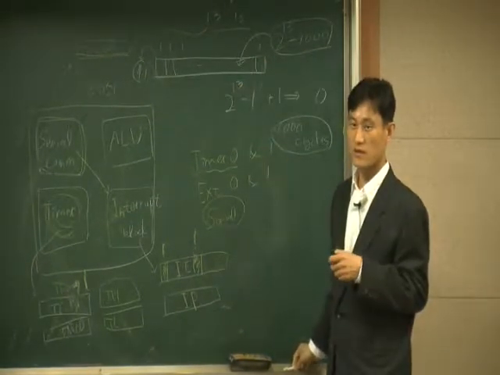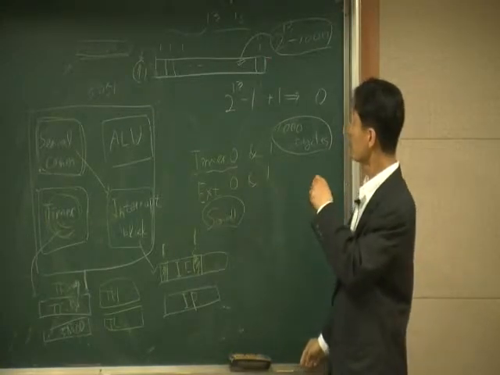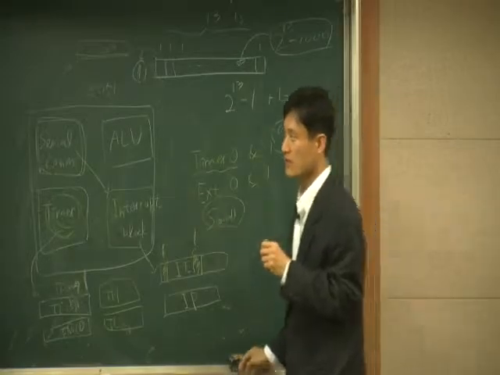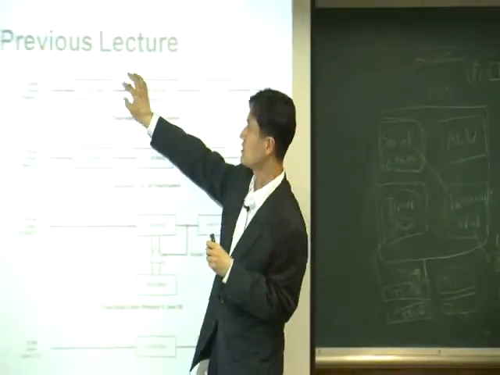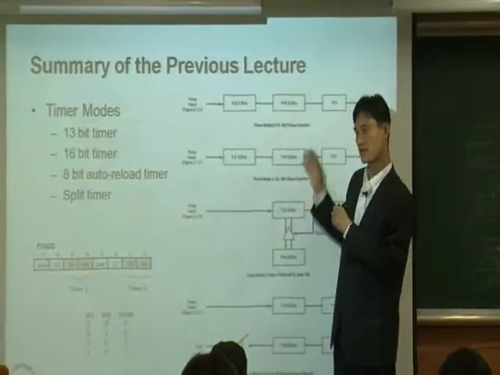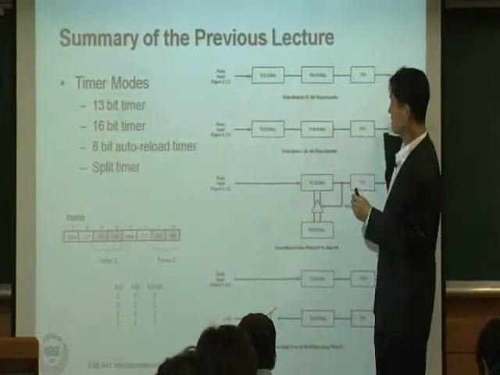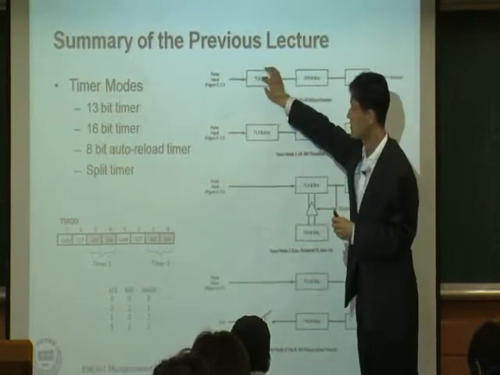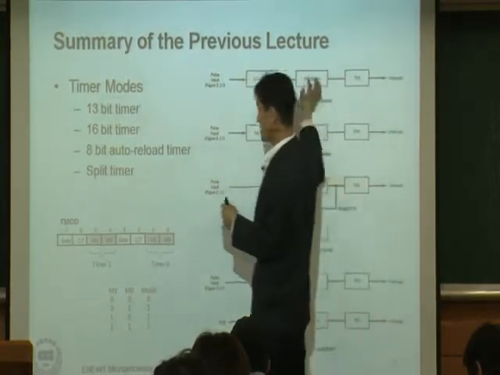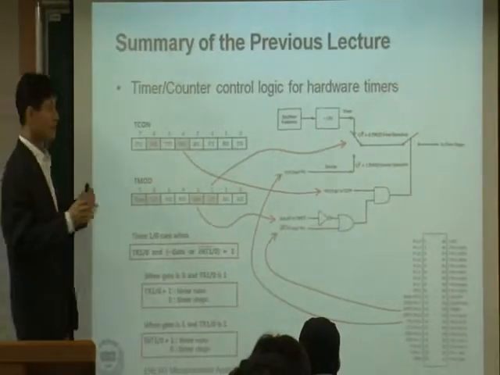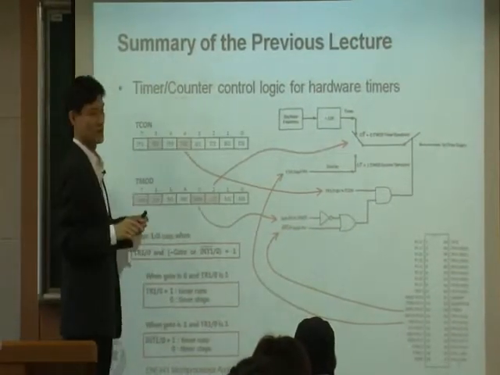Remember that? This value has to be programmed here as an initial value. So first, you want to calculate that value and program it here. First, you need to program it here as the initial value, and then you run it.